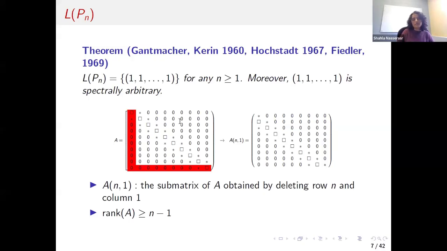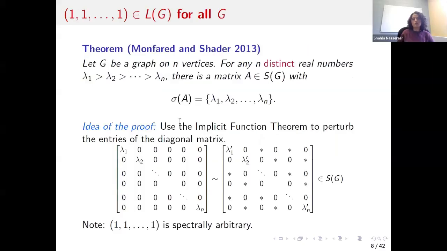Now, having this sequence of ones, we could ask the question: what about the sequence of ones for any graph, is it achievable for any graph? The answer is yes, and in fact, it's spectrally arbitrary too.